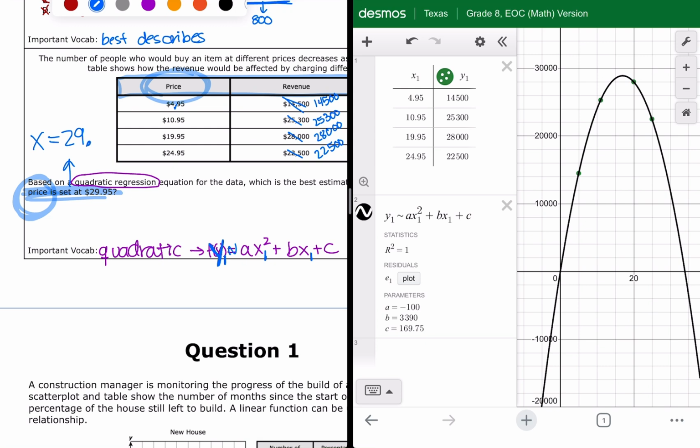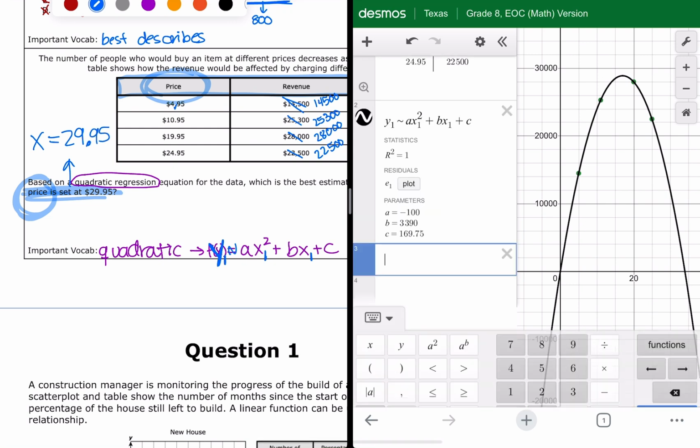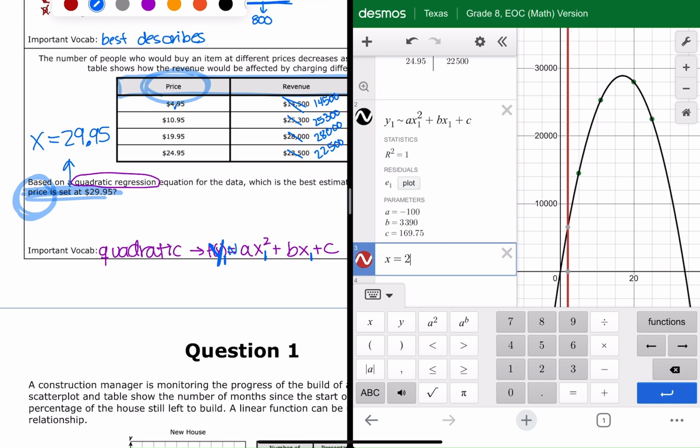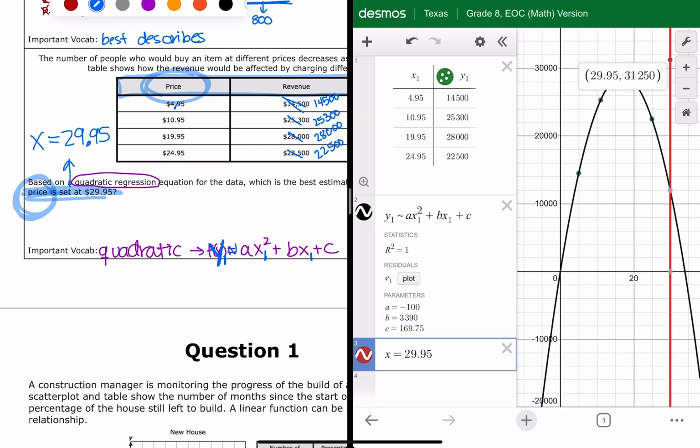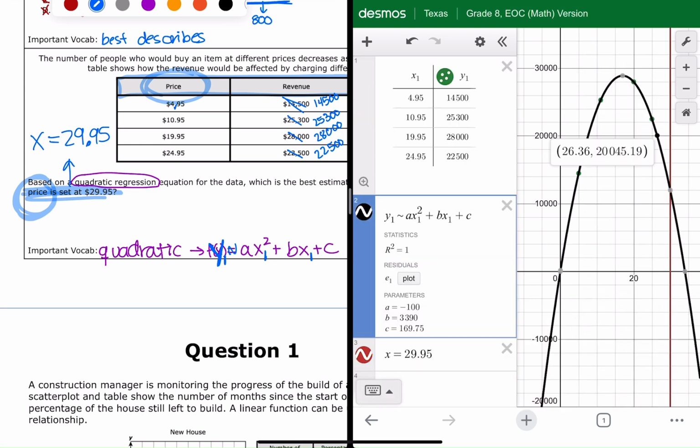Okay. Now that I have this, I'm going to put it in my Desmos as X equals 29.95. And see this red line going all the way up and down? And see the black U shape? See where they touch? That is my answer. That is what I want. So when they touch right here at this point, this is my answer.